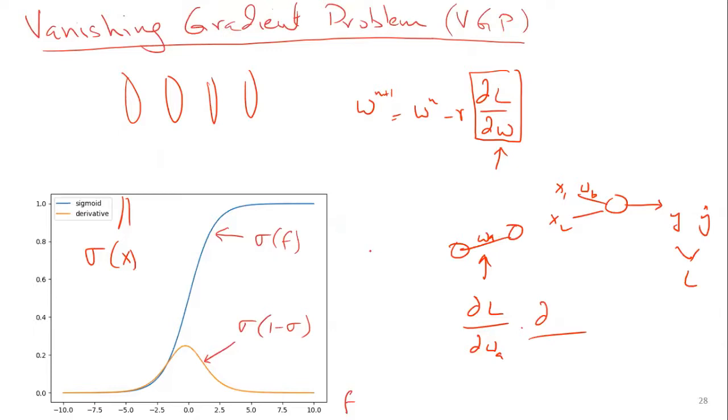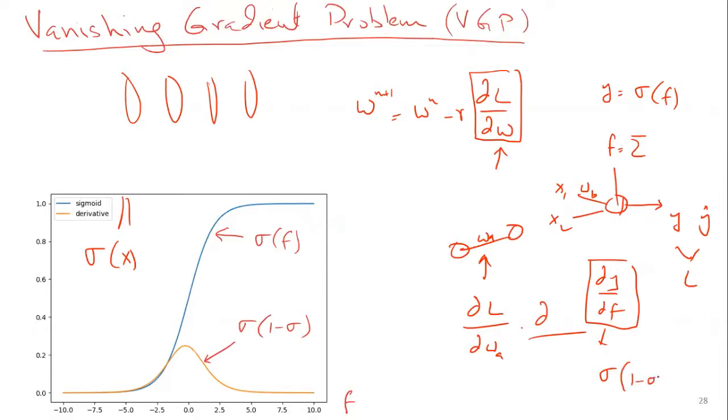The sigmoid function, remember when we took dy by df, okay, does anybody remember that? This was f over here, and this was the sum, right? And then y was the sigmoid of f, okay? What was the equation for dy by df if it was a sigmoid? Does anybody remember that? It was sigmoid multiplied by 1 minus sigmoid, okay?